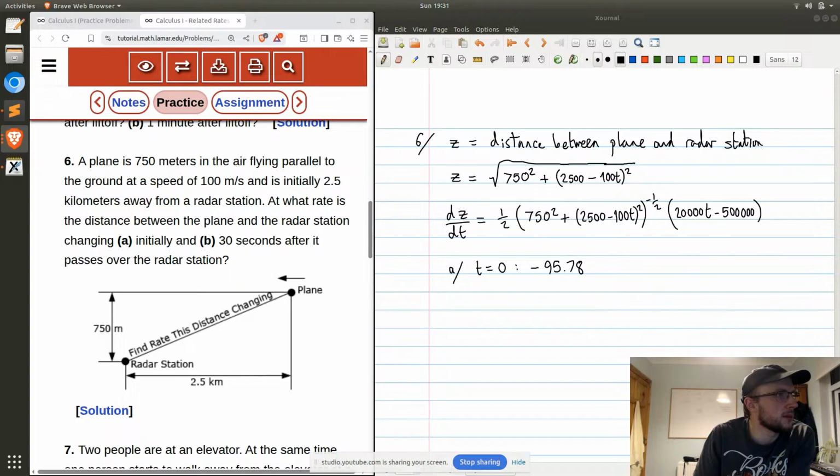And then if I plug in 30, presumably I'll get the same error as yesterday then, right? That gives me 55.47.